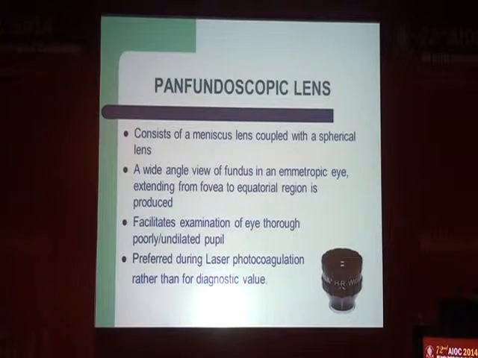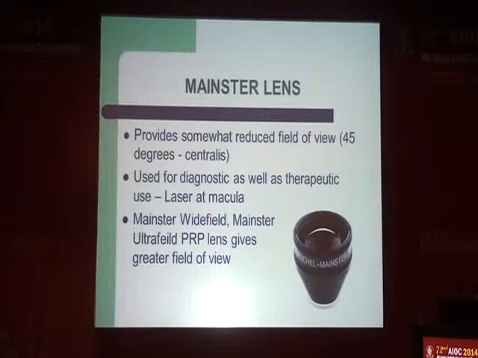These are the lenses which are preferred during laser photocoagulation. Because it gives a wide field of view, pan-fundoscopic is preferred even for pan-retinal photocoagulation up to the mid-periphery and the periphery. The Mainster lens is the other lens which provides somewhat reduced field of view, about 45 degrees.